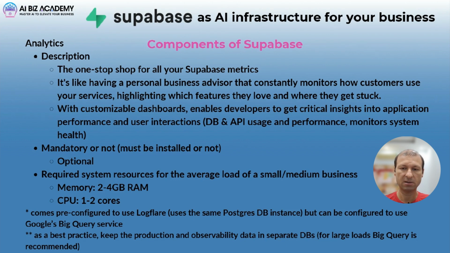So basically, all the production data you have for your application and all the logs will be stored on the same database instance. You can configure the analytics service to use Google's BigQuery service, so you can keep the production data separate from the observability data, which is a very good practice for production setups.